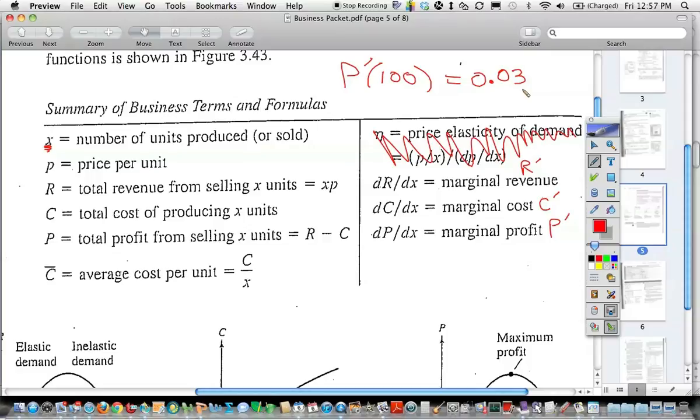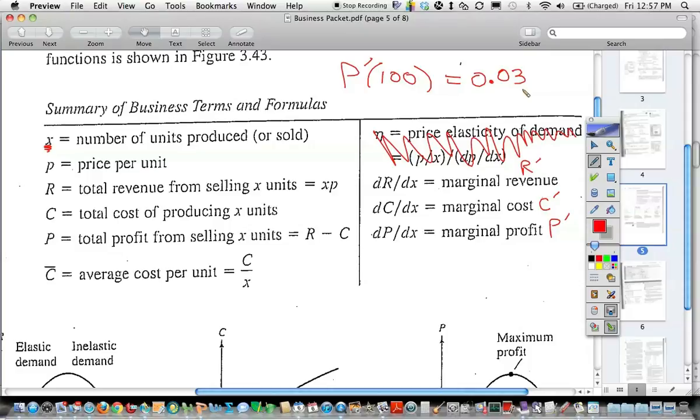What's the right side? The right side is dollars. So the amount of dollars you're making is going up. Well, now time out. P is profit, so that's dollars. And X, the input, is textbooks. So your profit is increasing by 0.03 every one sold? Okay, the key was every one sold.